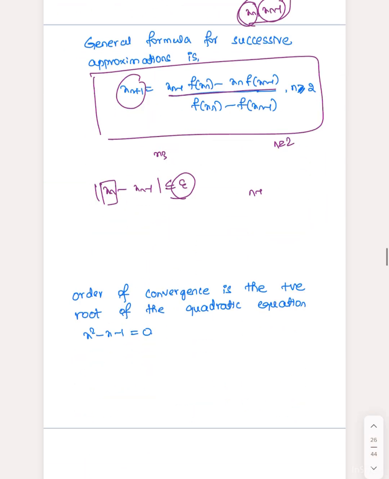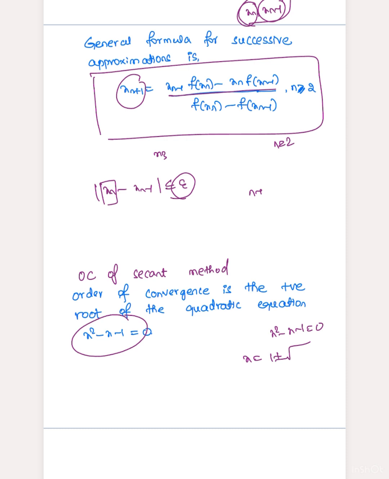Now the order of convergence of the secant method is nothing but the positive root of the quadratic equation x square minus x minus 1 is equal to 0. The roots are x is equal to minus b, that is 1, plus or minus root of b square, which is 1, minus 4 into minus 1, divided by 2 into a, that is 2 into 1. This will be 1 plus or minus root 5 by 2.